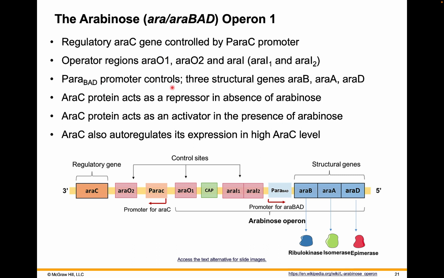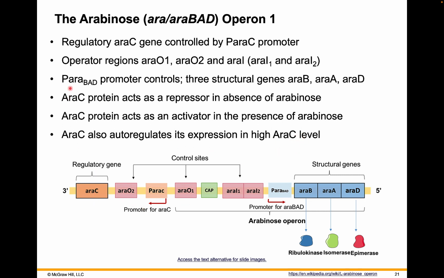So the P-araBAD controls 3 structural genes. The araC protein that is produced from this promoter acts as a repressor in absence of arabinose, and araC protein also acts as the activator in presence of arabinose. Very interesting.